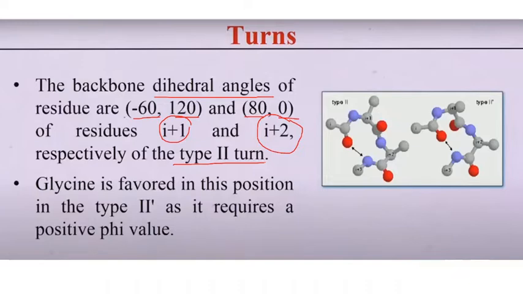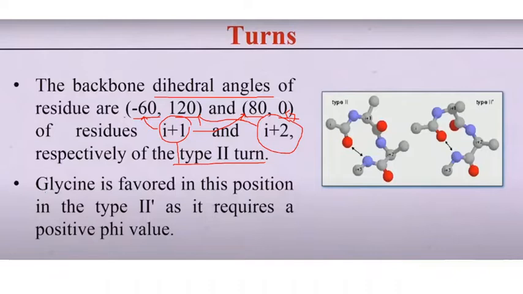One turn we saw; the other turn is like that: when I plus 1 forms -60 and I plus 2 forms 120, or I plus 1 forms 80 and I plus 2 forms 0, then they construct a type 2 turn.